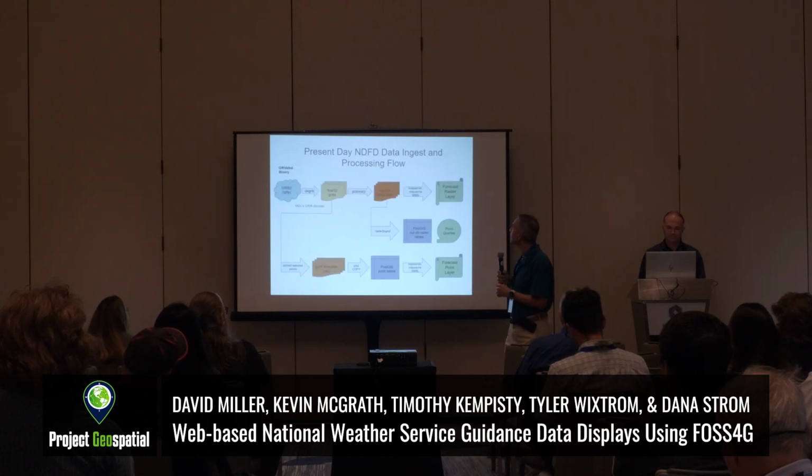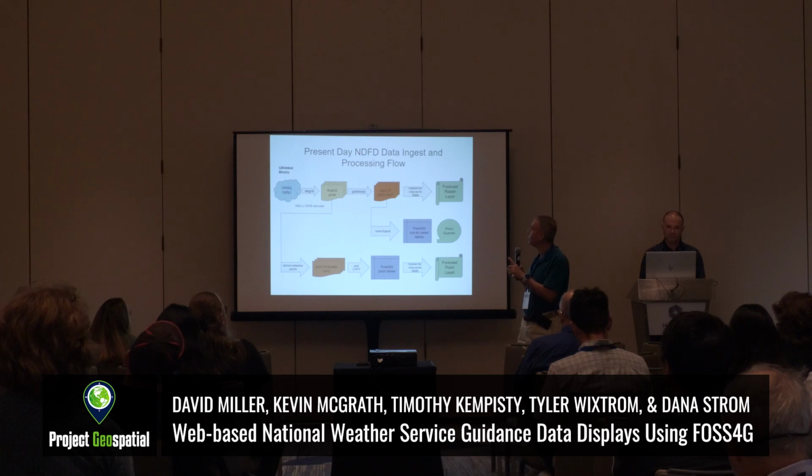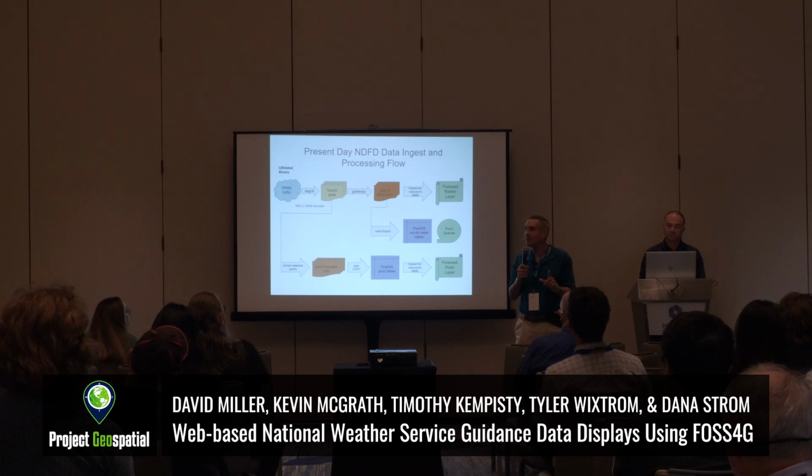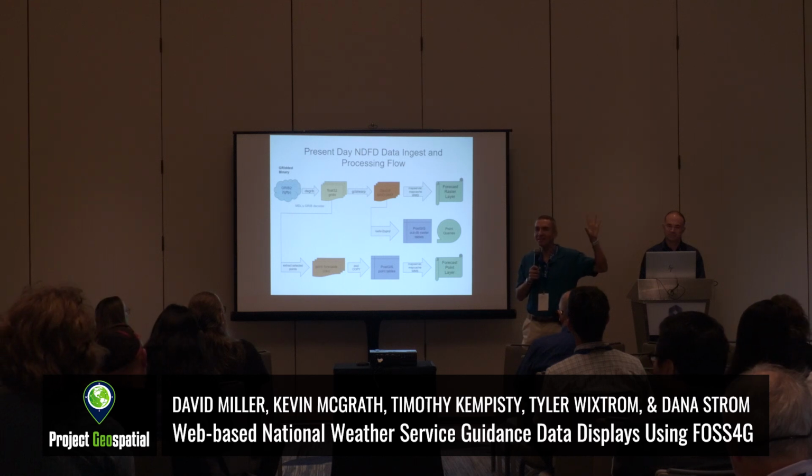I'm not going to go into too much detail. I'll just note that I know most people are not familiar with GRIB format. It's unfortunate that most weather data is either in GRIB or NetCDF, and GRIB has its own entire decoder.